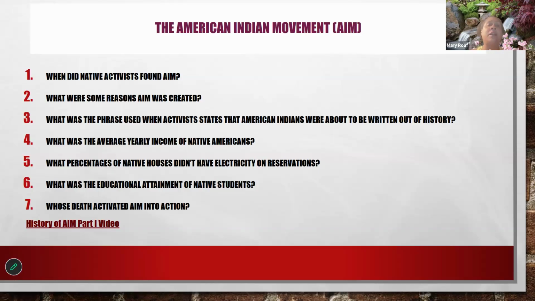What were some reasons that AIM was created? What was the phrase used when activists stated that American Indians were about to be written out of history? Number 4, what was the average yearly income of Native Turtle Islanders at the founding of the American Indian Movement?